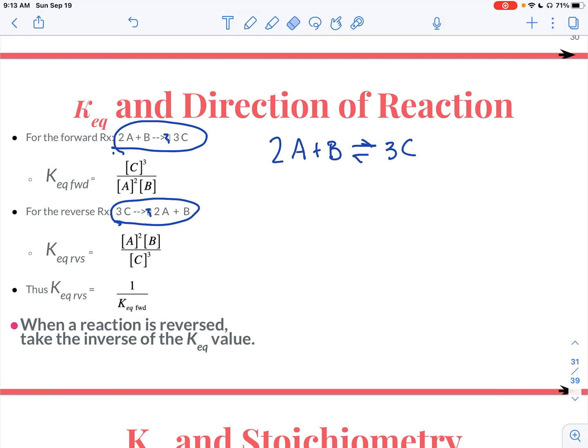So let's talk about what the relationship between the K values are. So the K value for the forward reaction is this, right? Concentration of C to the third power over concentration of A to the second power times B. Great. The K value for the reverse reaction is this, A squared times B over C cubed.